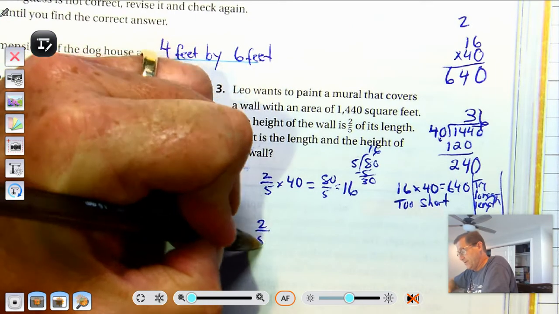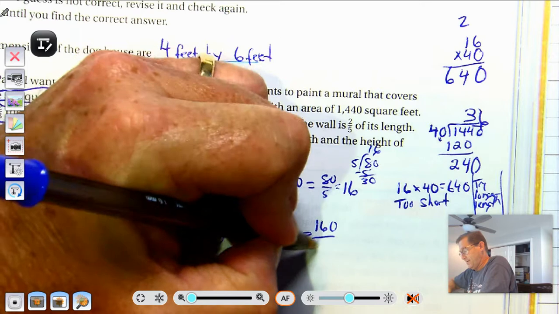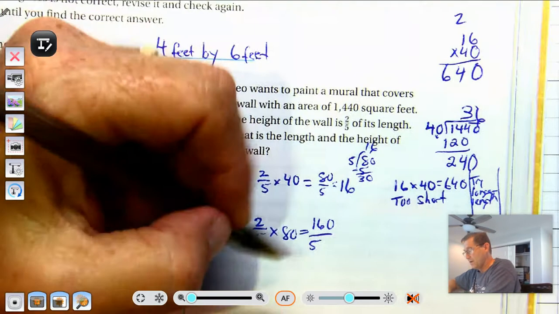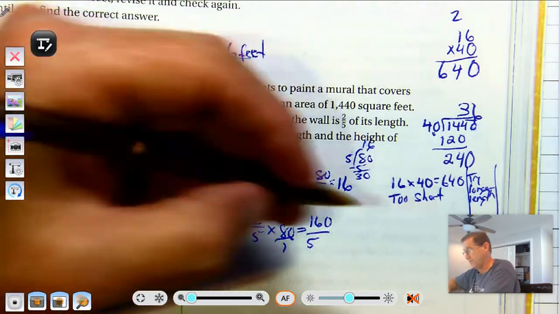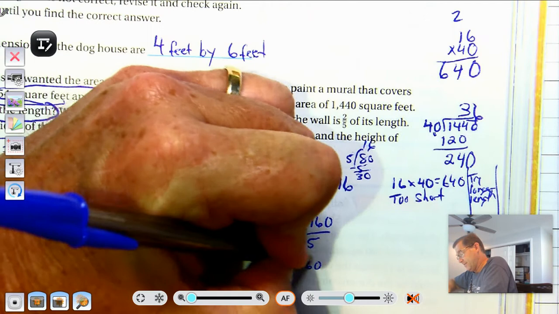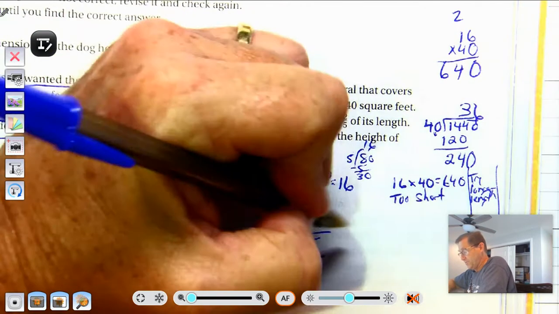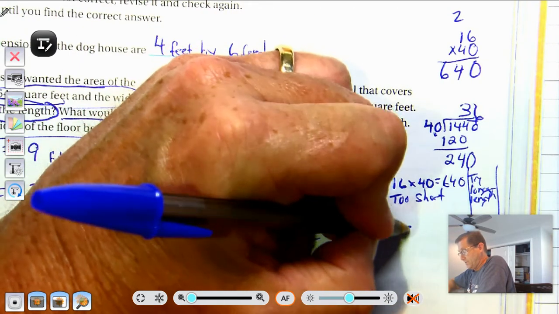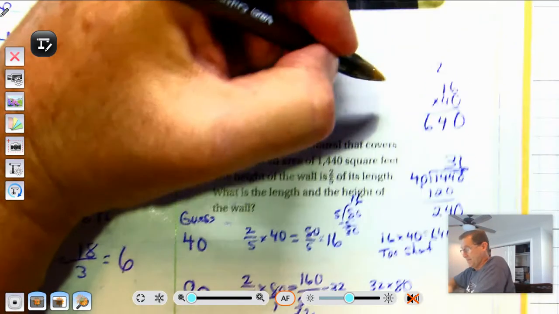So I'm going to take 2/5 of 80. That's going to be 160 over 5, because 80 times 2 is 160 and 5 times 1 is 5. 160 divided by 5 would be 32. So let's try 32 times 80.